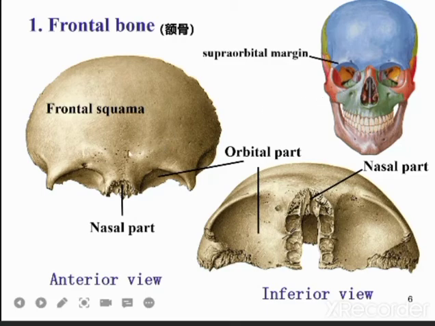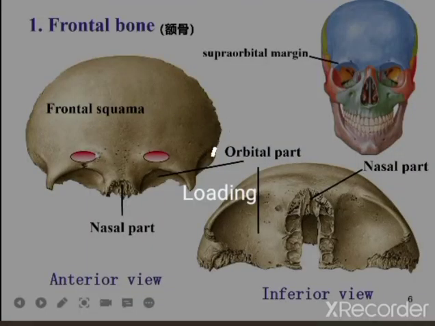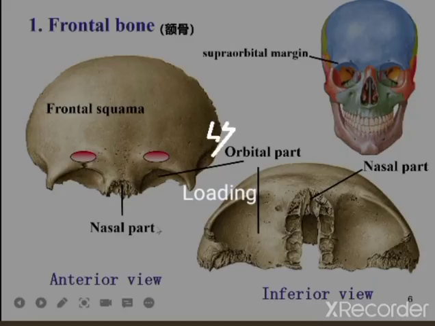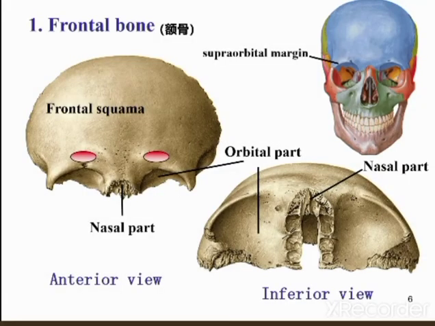Here you can see on the frontal inside here, there are two frontal sinuses lie deep in the anterior inferior part of the frontal bone. You can see the nasal part.